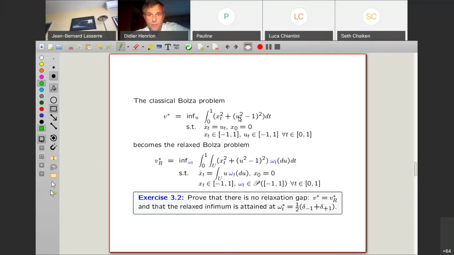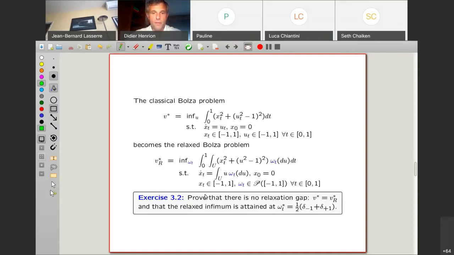So as soon as I see control signal, I replace it by an integration variable, and then I integrate with respect to omega on u this function. I do that for the ordinary differential equation as well. And now, instead of u, I have a blue guy here, which is my new unknown. It's a probability measure with values in the control set.